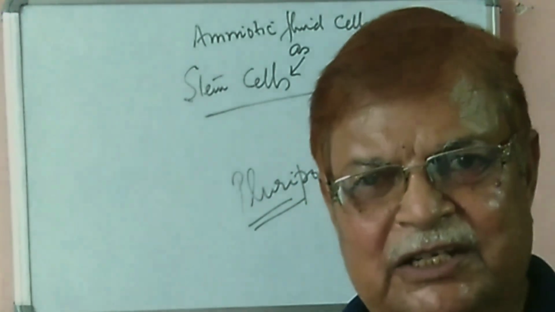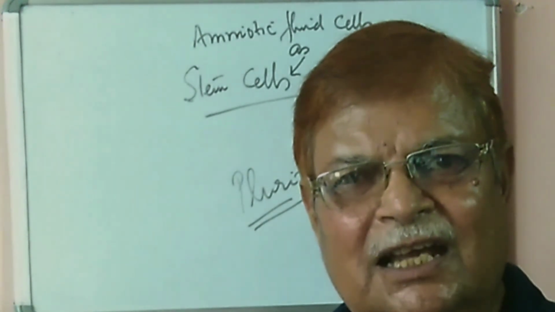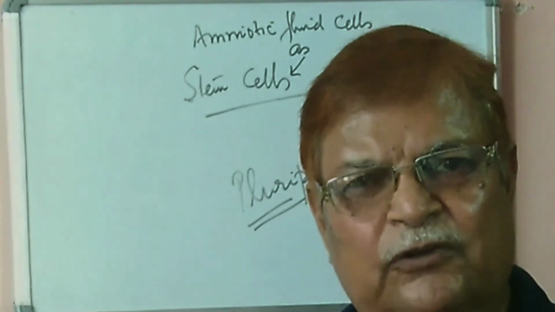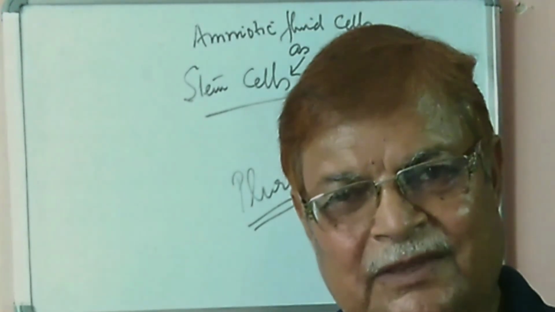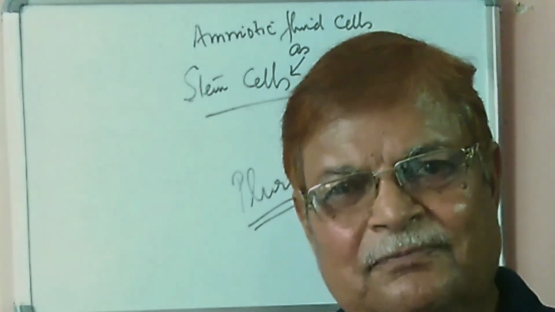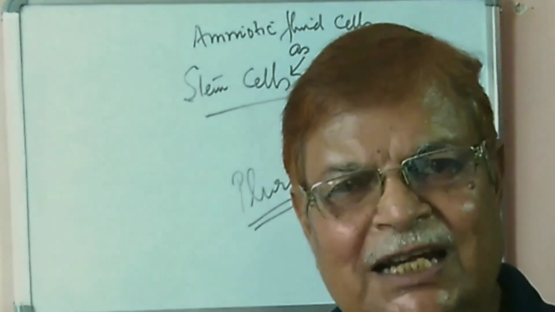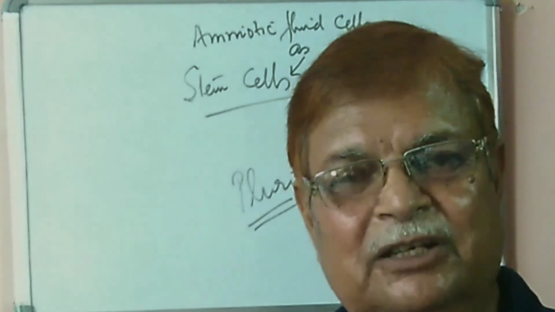But the negative point is that if amniocentesis is done before second trimester, then there may be complications. Second point is that the child's sex can also be determined beforehand, before the delivery of the child.